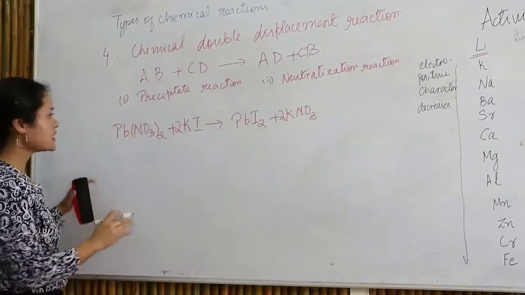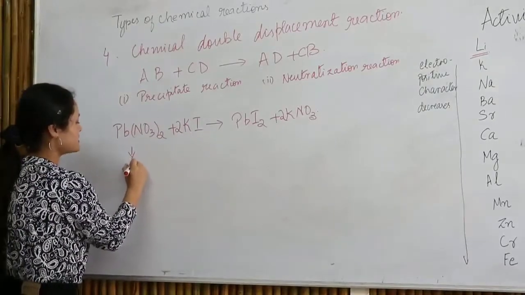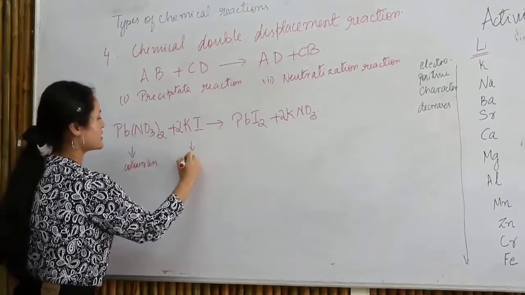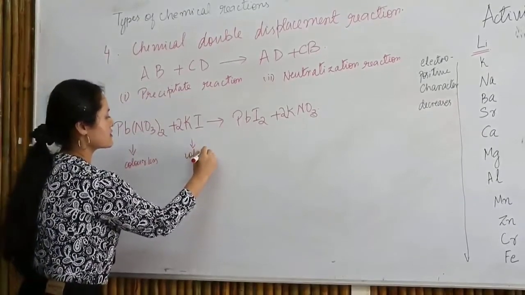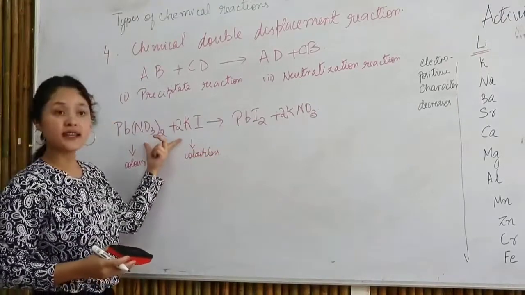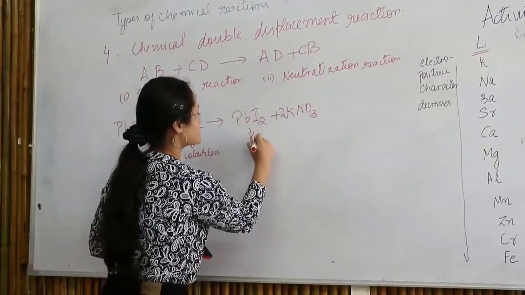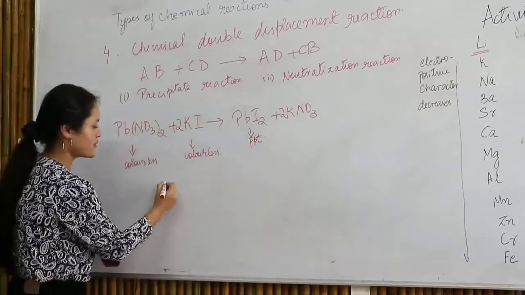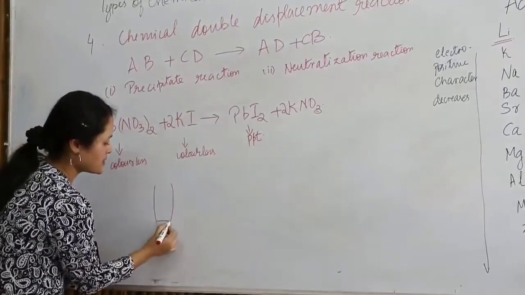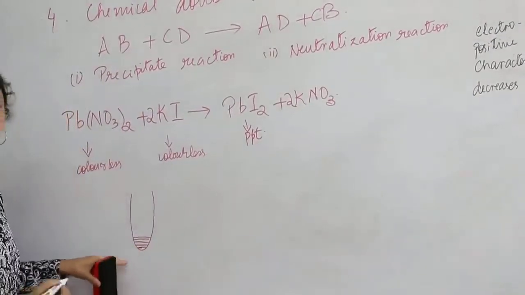In this reaction, the lead nitrate is a colorless solution. Even the potassium iodide is also a colorless solution. When we combine these two, a precipitate is formed. This is a precipitate. Why? Because when you perform this experiment and add these two solutions, a precipitate of lead iodide is formed here.